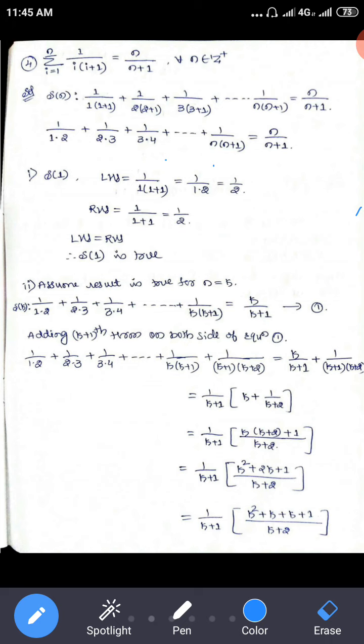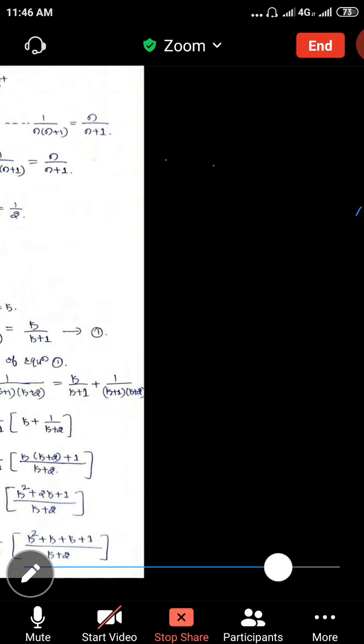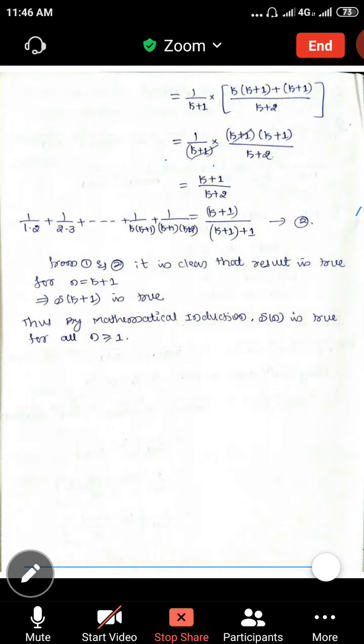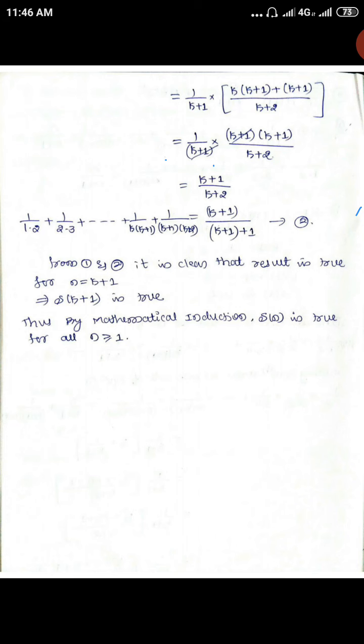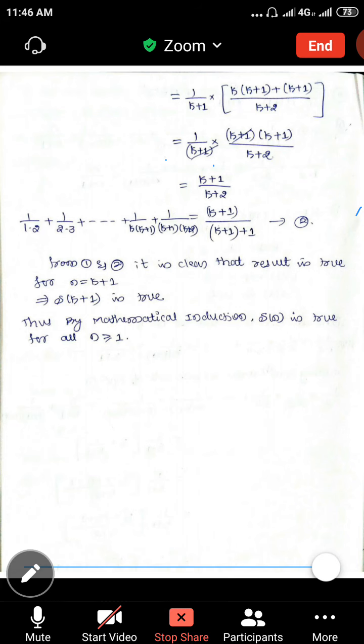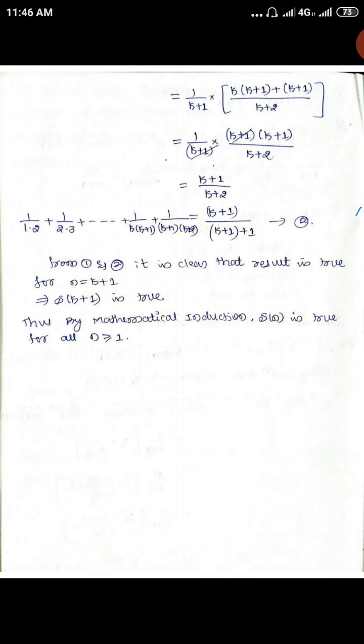I'll write the numerator as k squared plus 2k plus 1, which is (k plus 1) squared. So k plus 1 is common, and (k plus 1) cancels with (k plus 1), leaving k plus 1 divided by k plus 2.